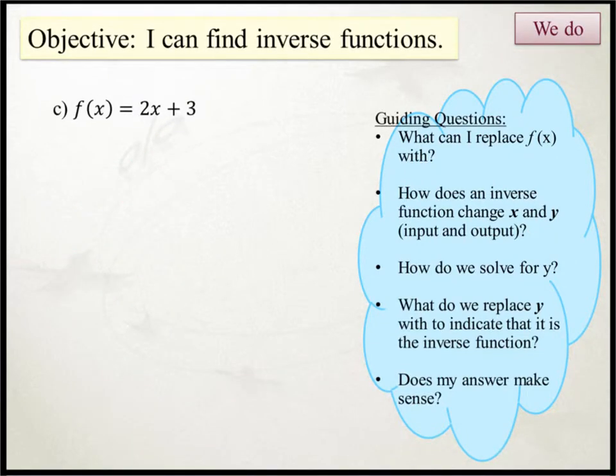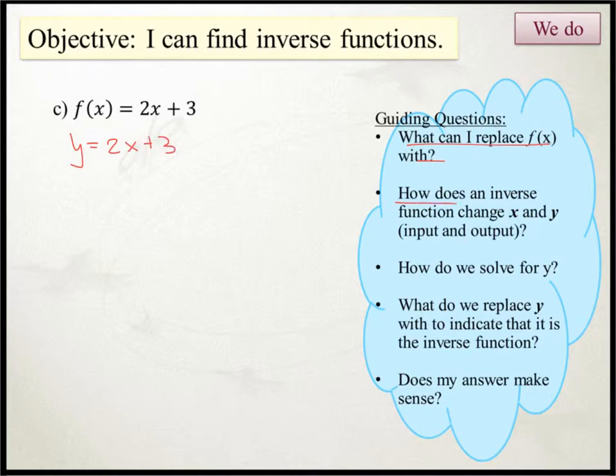I would suggest that you pause this video and try the We-Do on your own and use the guiding questions if you get stuck. Then play the video when you think you're done to check your answer. So first step I'm going to do is replace f of x with the y.